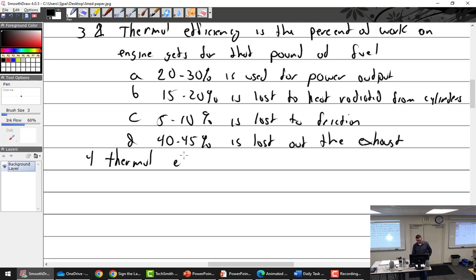Thermal efficiency can be computed as follows. All right, let's see. It is indicated efficiency.